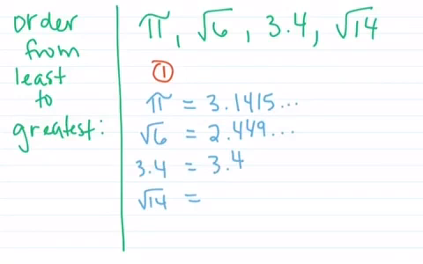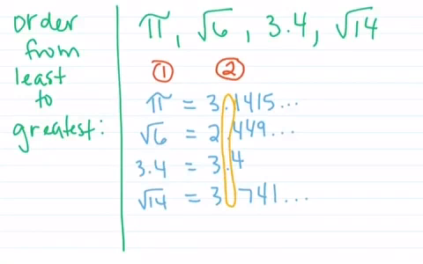Square root of 14, 3.741. And that number continues. So step 2, align my numbers so that they're vertical and the decimal is in line. This looks like I lost a decimal here. There we go.